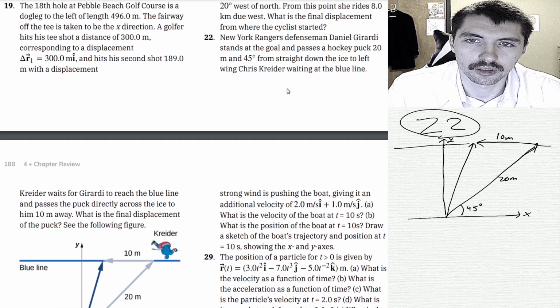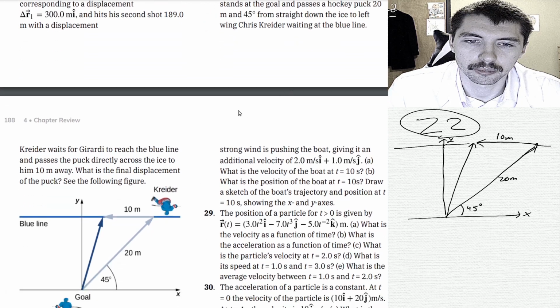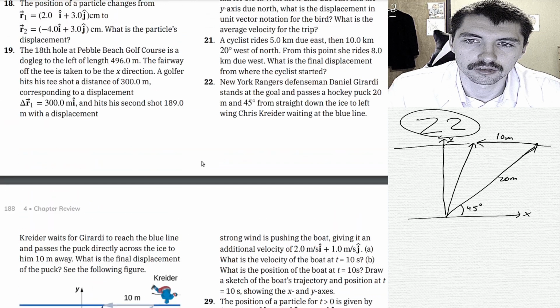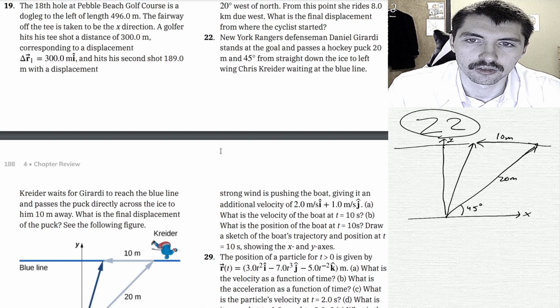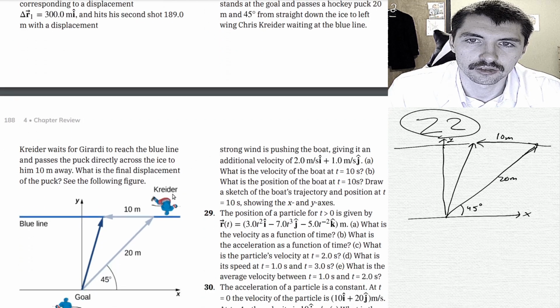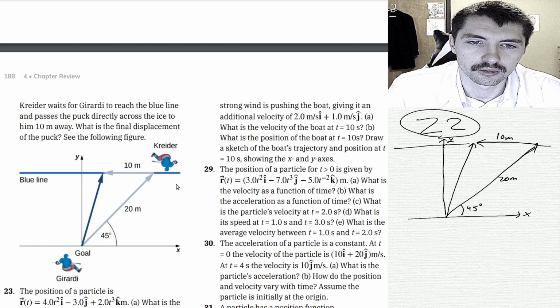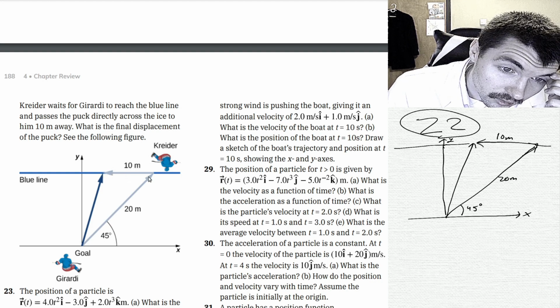Okay, so he's passing it to this guy, right? Passes it 20 meters from straight down the ice to the left wing. Okay, so he's coming this way. He wants to meet him there. Is that what I'm saying?